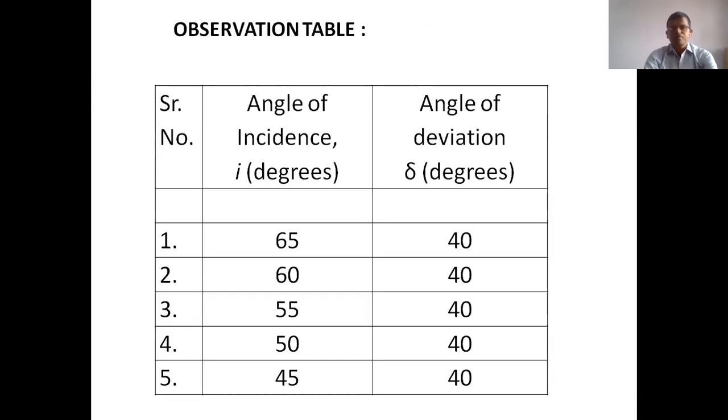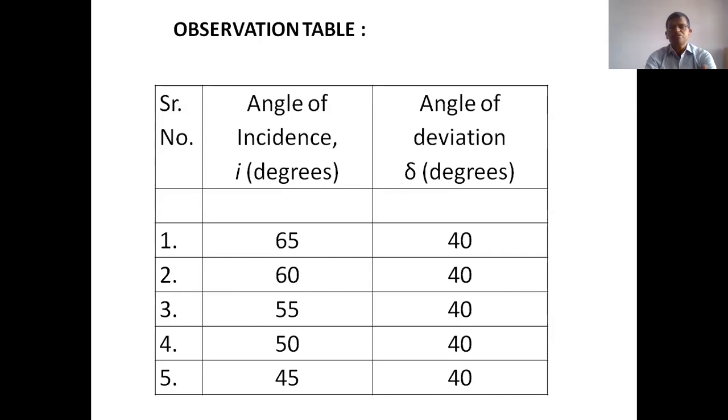Now today we show this table, very simple, very easy. There is no more calculation, just the angle of incidence i. It is a known value the examiner gives you, and with the help of the angle of incidence, we find the value of the angle of deviation.